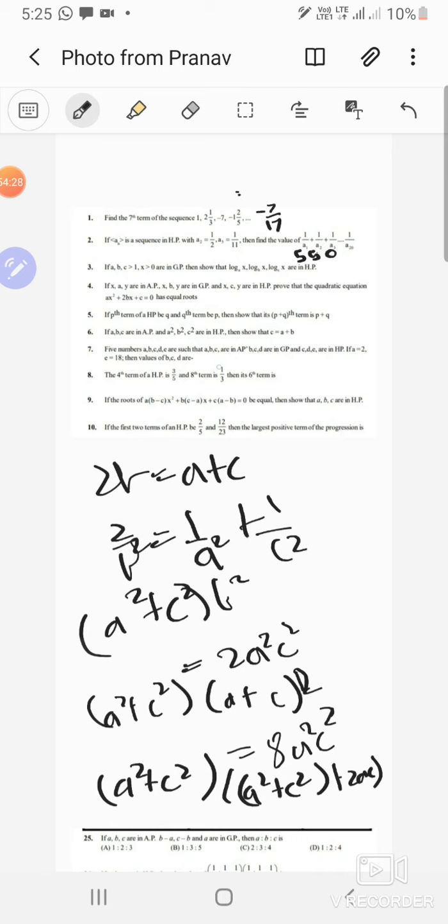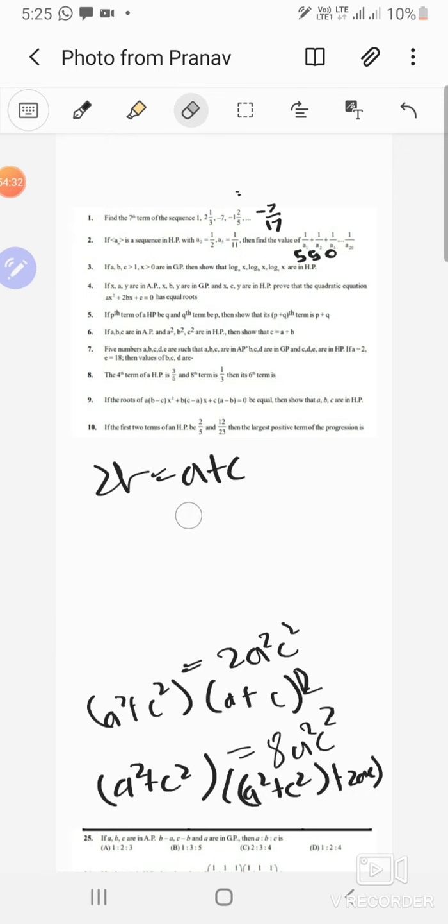Okay, so let's go to the next part, which is when we simplify this. Call this a squared plus c squared as X, capital X maybe, so you will get X squared, and then call this 2ac as Y. So over here you will have XY.